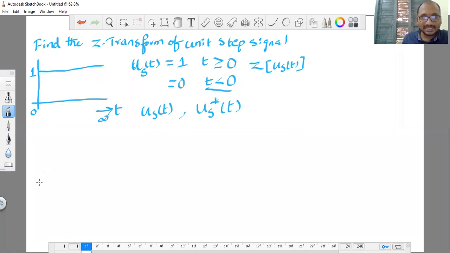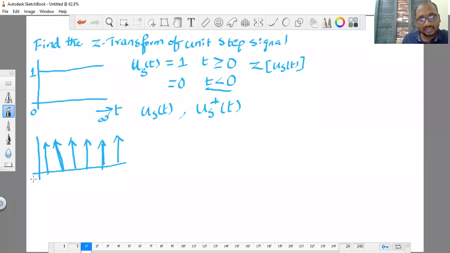If you apply the sampling process to this unit step signal, you get impulse signals at different intervals of time. Let us assume these as 0, T, 2T, 3T, 4T, and so on, kT. So this is the u_s star of t signal.